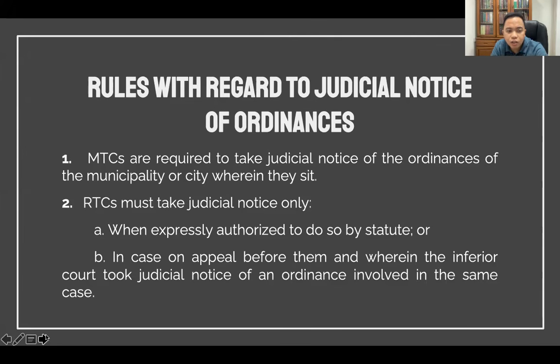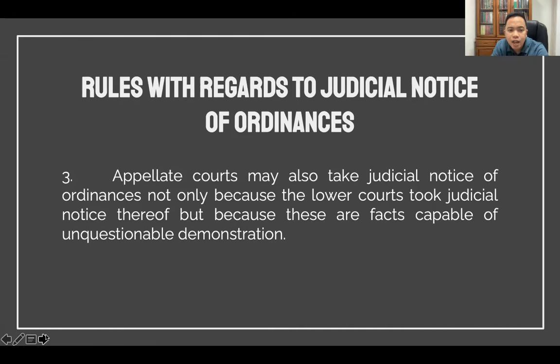Now, the regional trial courts or the second level courts can take judicial notice only when expressly authorized to do so by statute, or in case of appeal before them, wherein the inferior court took judicial notice of an ordinance involved in the same case. Now, appellate courts may also take judicial notice of ordinances not only because the lower courts took judicial notice thereof, but because these are facts capable of unquestionable demonstration.